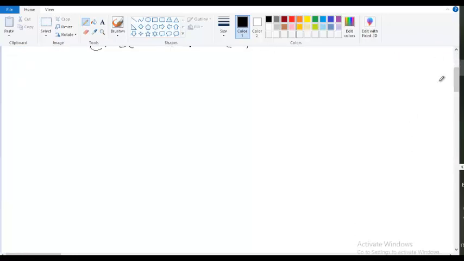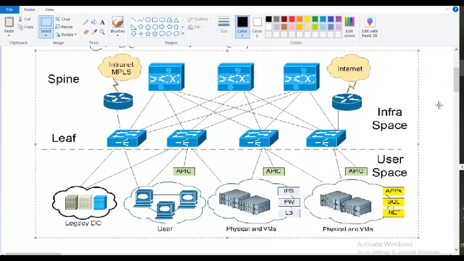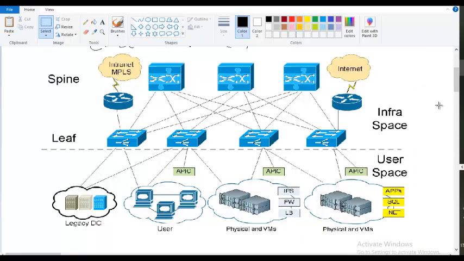Instead of me drawing a diagram, let me take one nice picture from Google. So if you see here, the leaf has got the APIC connected. APICs are connected only to leaf. And these are controllers. Users are connected here, you see.